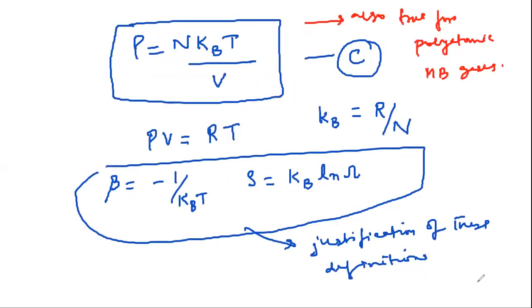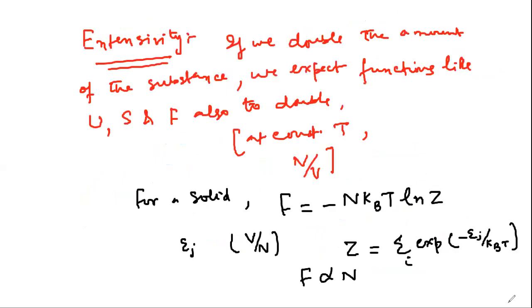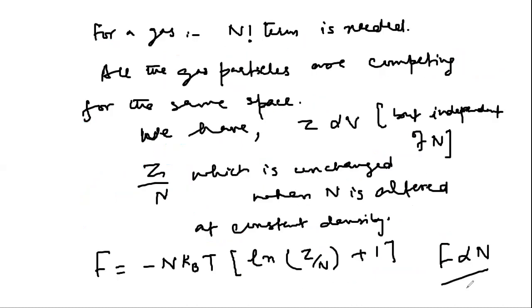We got the expression same as that of the ideal gas, that justified our definitions of beta and S. Then we talked about the extensivity, and we said for a solid this equation satisfies the extensivity property of F, and in case of gases, the N factorial term is needed for F to satisfy the extensivity.